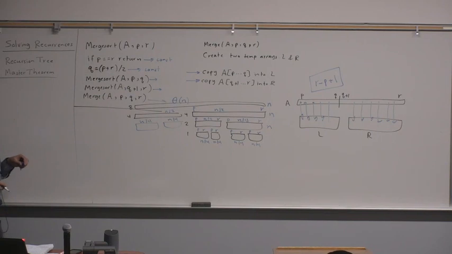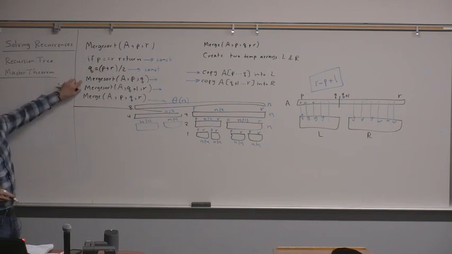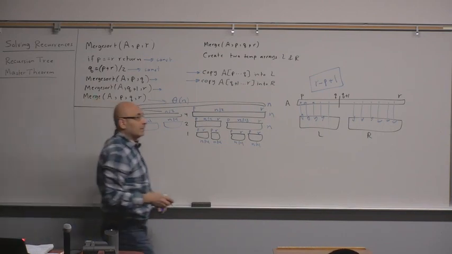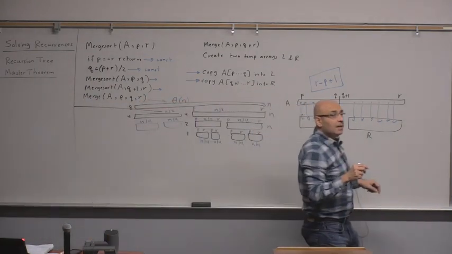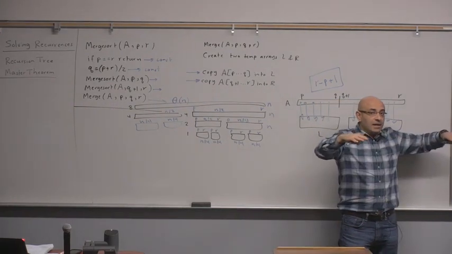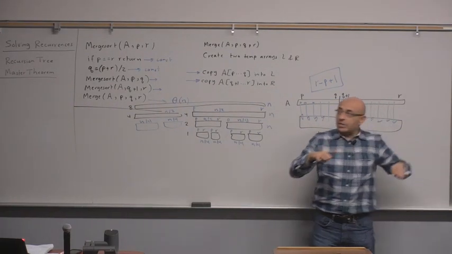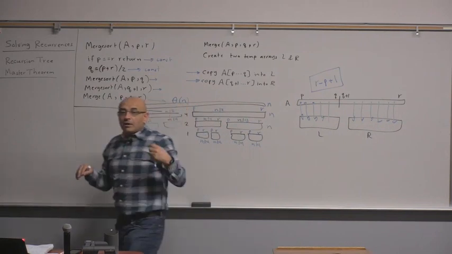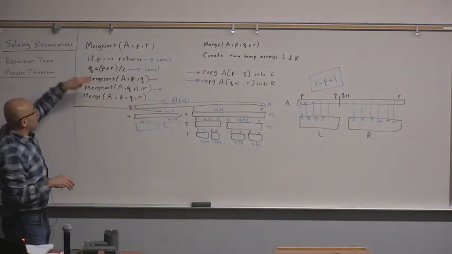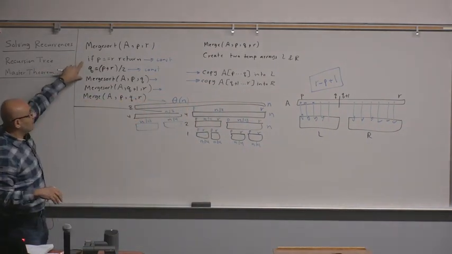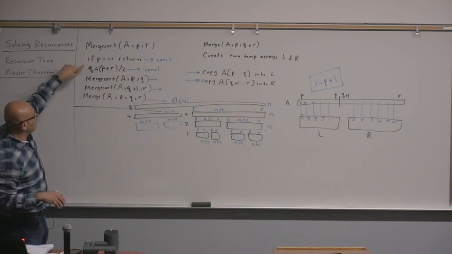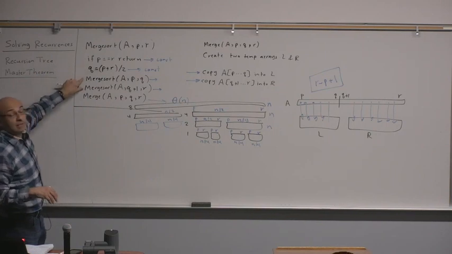So how do we count these? How do we count the recursive calls? So the recursive calls belong to the next level. So we are trying to count the number of levels and the number of operations at each level. So when we are counting the number of operations at this level, okay, we count this, but we do not count these.